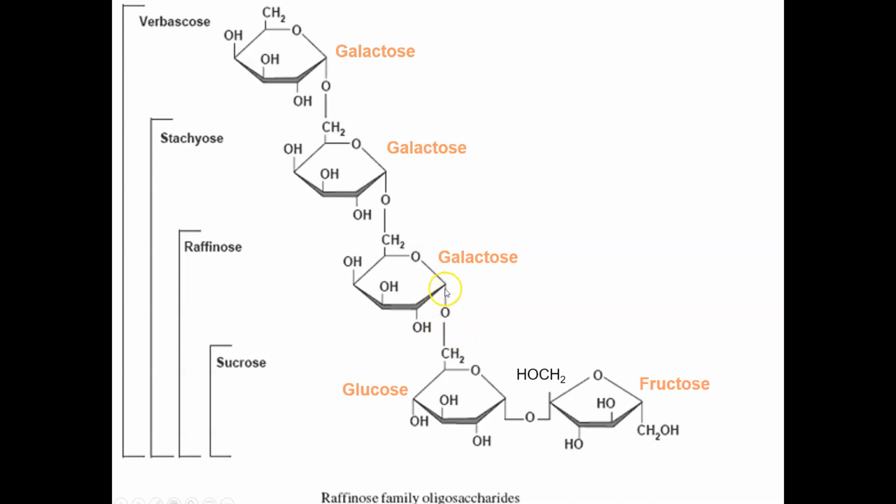So that's an alpha bond involving galactose. In fact, all of these are alpha bonds involving galactose. So sucrose is just a glucose and a fructose. Raffinose is glucose, fructose, and 1 galactose. Stachyose is glucose, fructose, and 2 galactoses, and verbascose is glucose, fructose, and 3 galactoses.